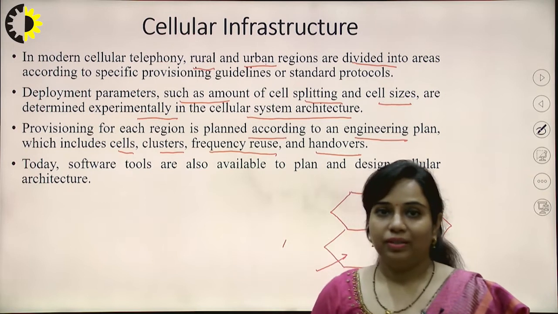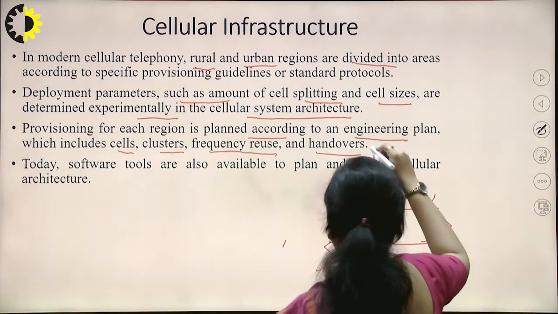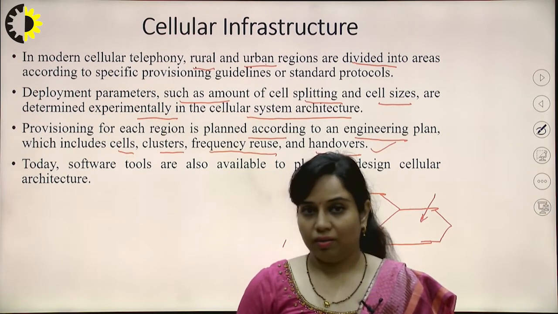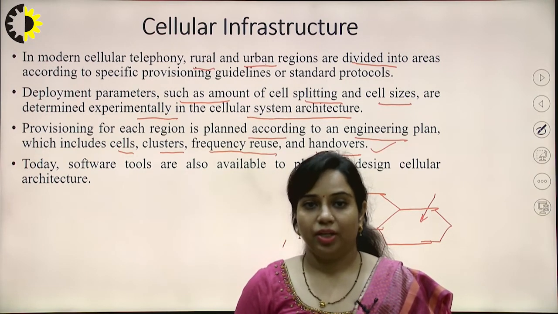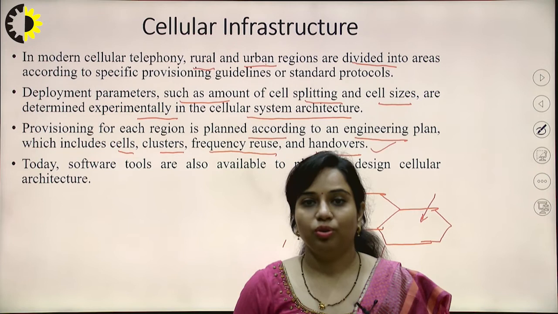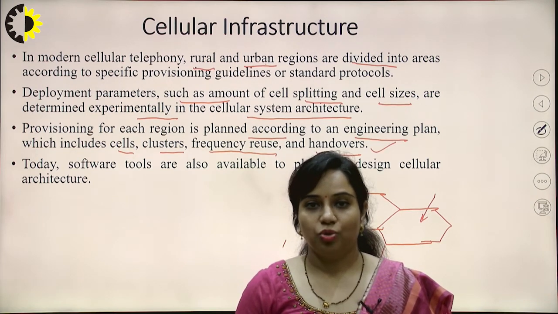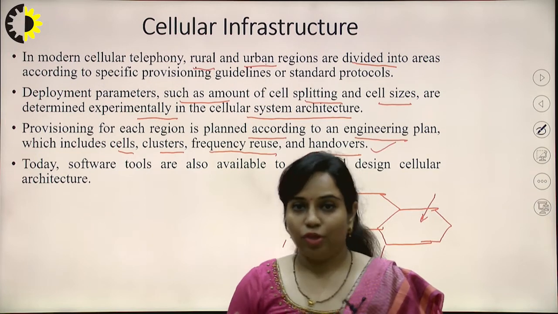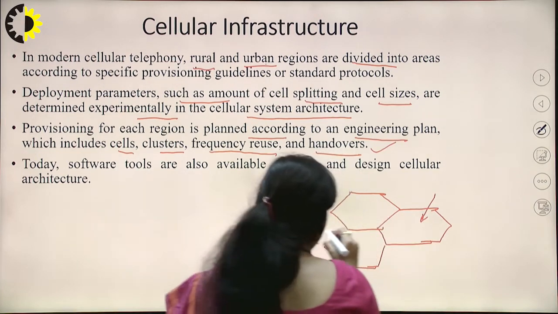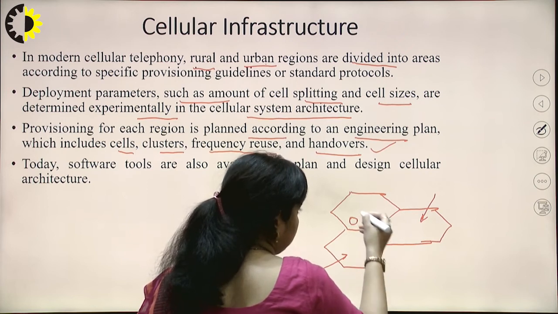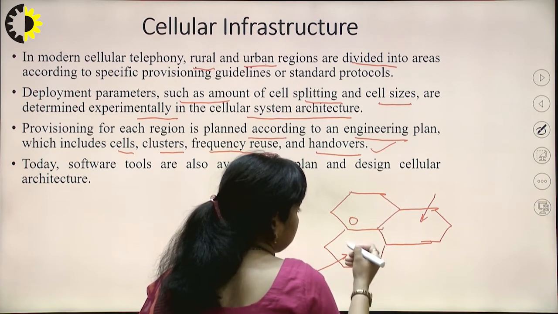Also, one thing has to be noted: what is handover? Since we are discussing mobile communication, the transmitter and receiver are both moving in nature. The transmitter can move from one cell to another cell. Let's say this is a mobile phone which is registered to this cell only.